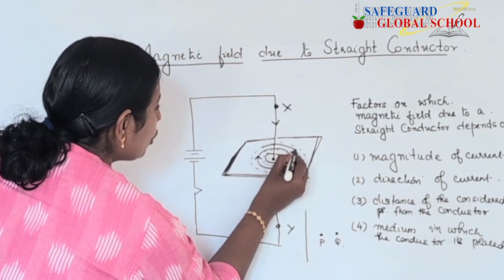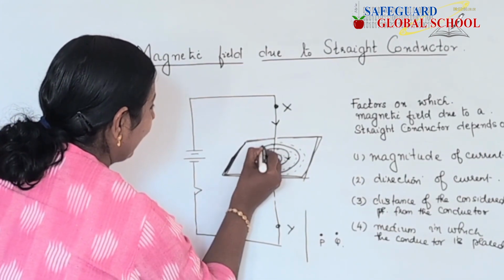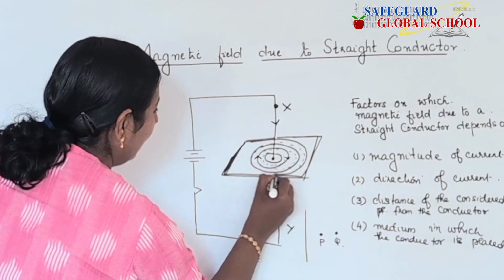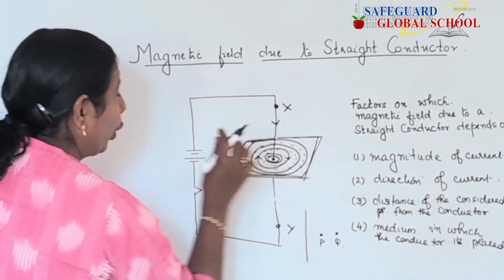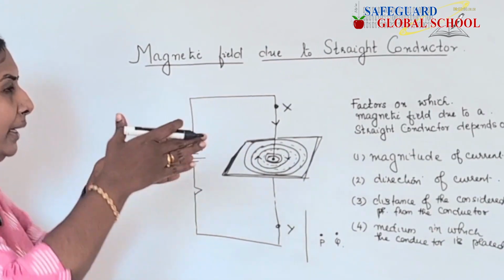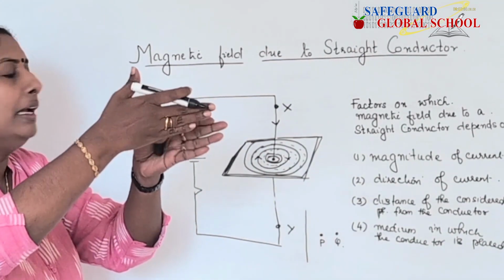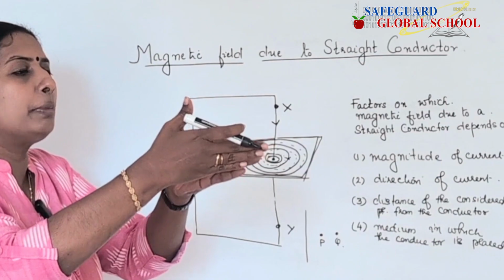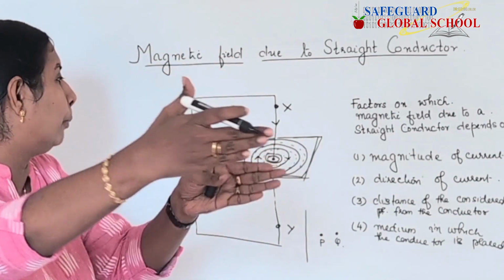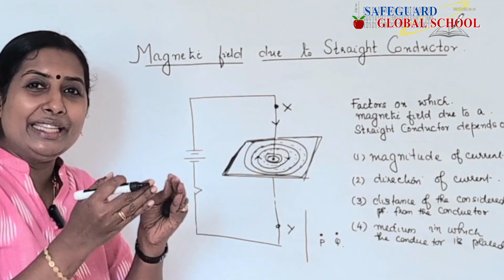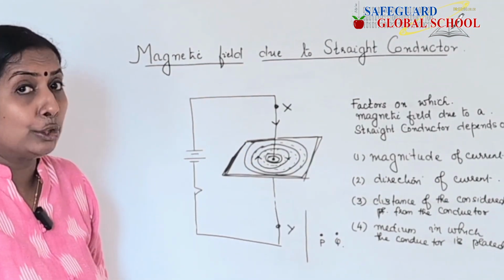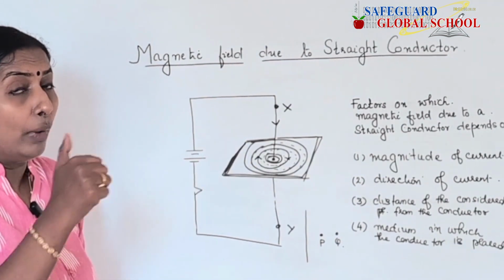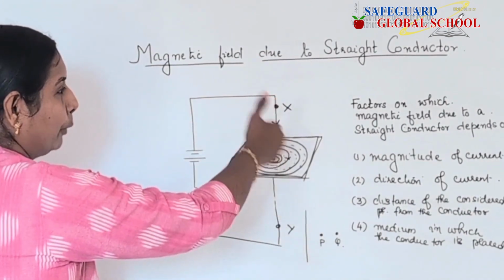The relative distance between the outer circles can be more, but the relative distance between the inner circles should be less. And to assign the direction of the magnetic field lines, we will use the thumb rule.